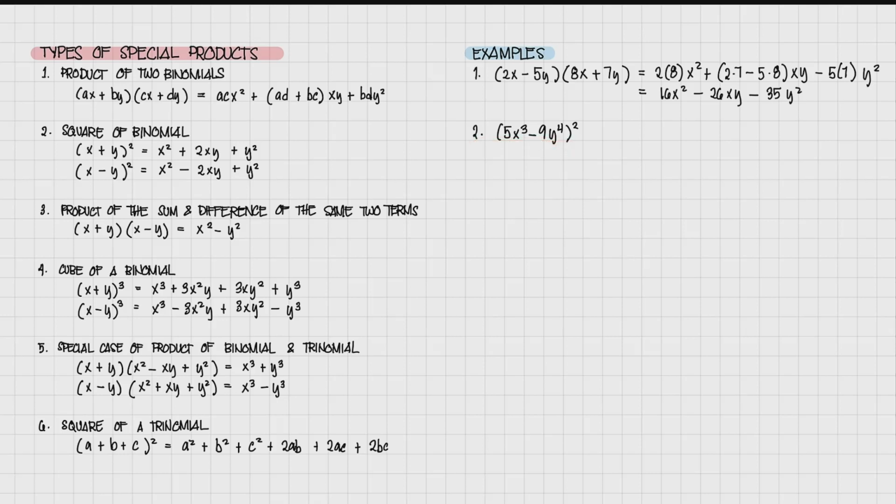5x cubed minus 9 times y raised to 4, and the whole thing is raised to 2.